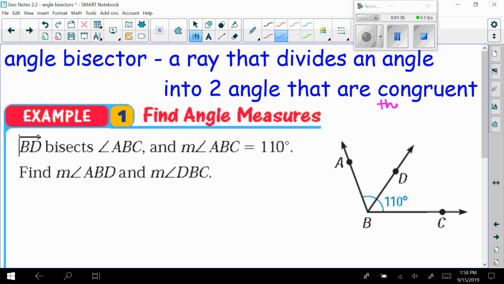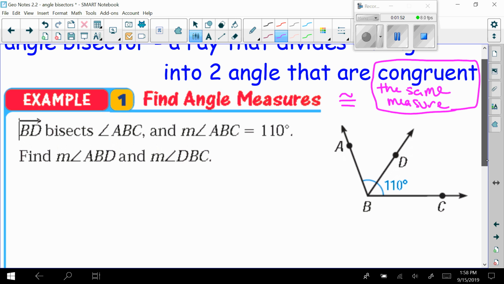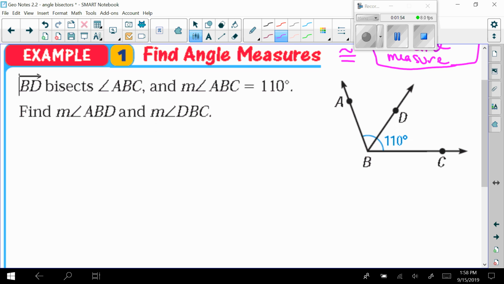The same measure. So we can use that to help us solve problems. Remember the congruent symbol is the equals sign with the little squiggly on top. All right, so let's do some practice problems with bisected angles.